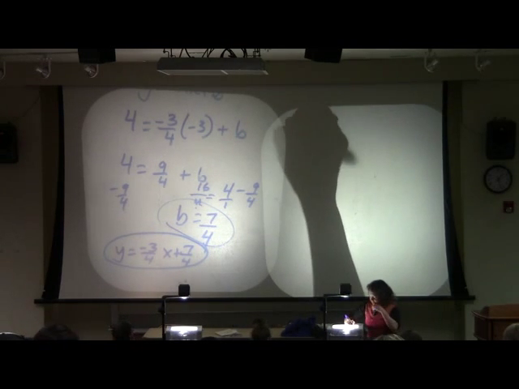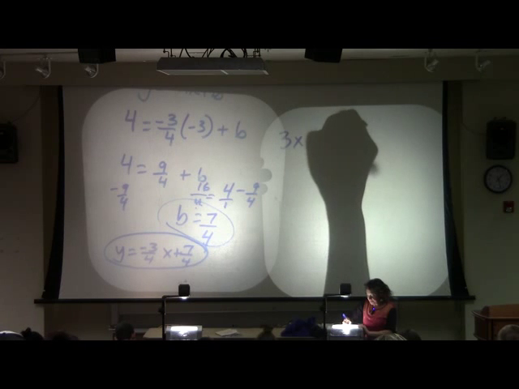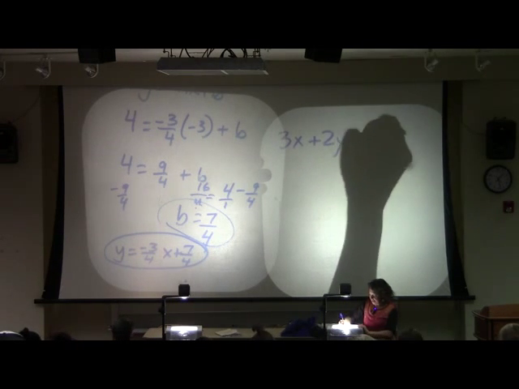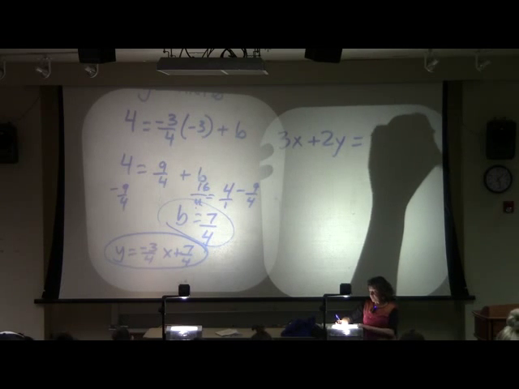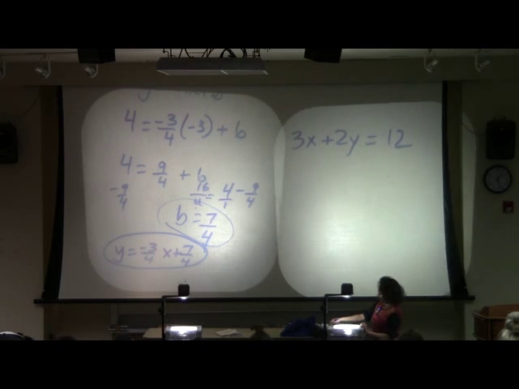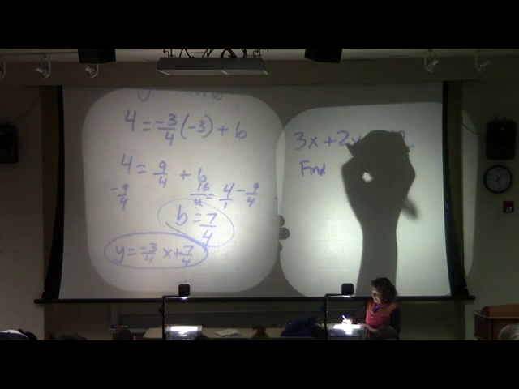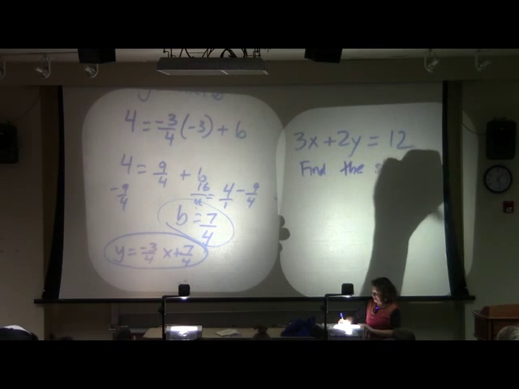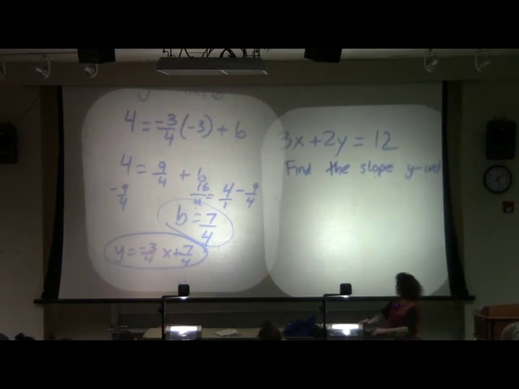Suppose I have, I don't know, how about 3x plus 2y equals 12. And I want us to find the slope and the y-intercept of this line.